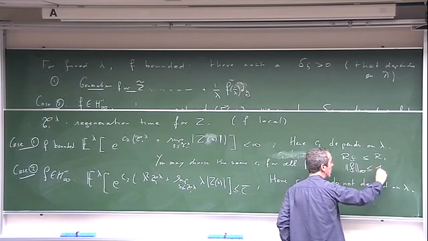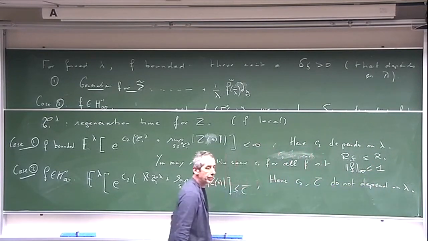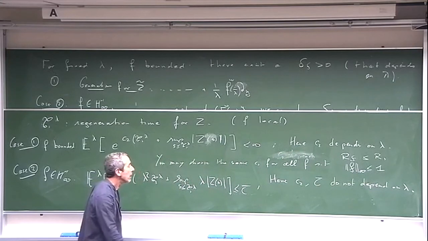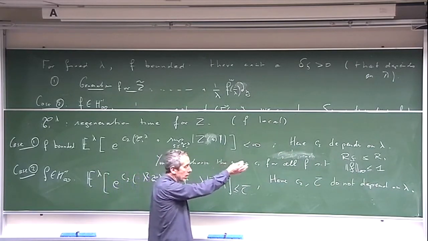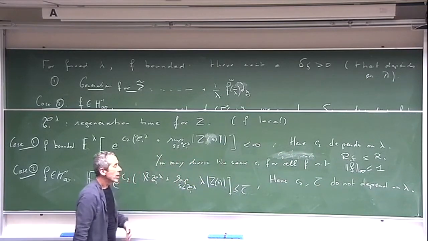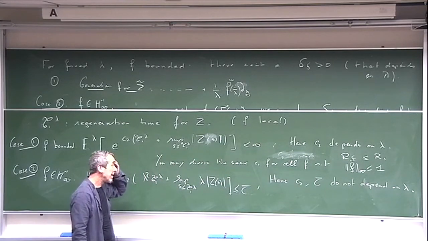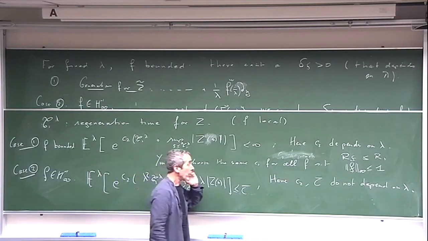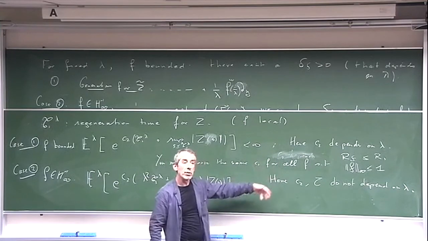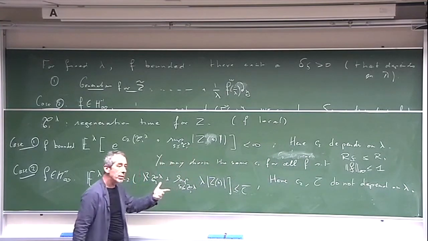So the L infinity norm is less than 1. Okay? And which, as was mentioned last time, is a property that we use in order to prove that nu lambda is a true probability measure.